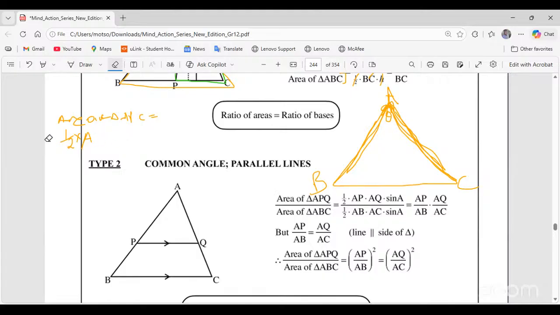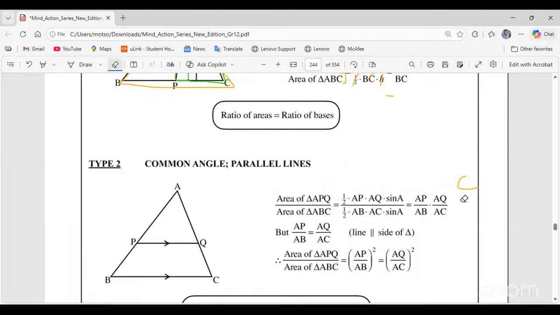So, okay, now let's go and apply this area rule on this ratio of areas. Now we are given this triangle ABC such that PQ is parallel to BC. Here they give us the formula for calculating the area of the triangle APQ.